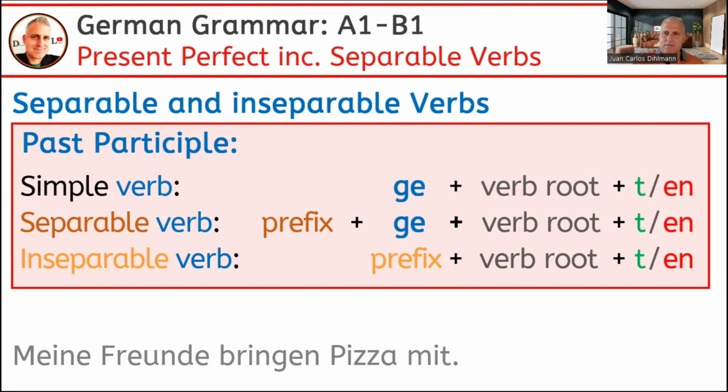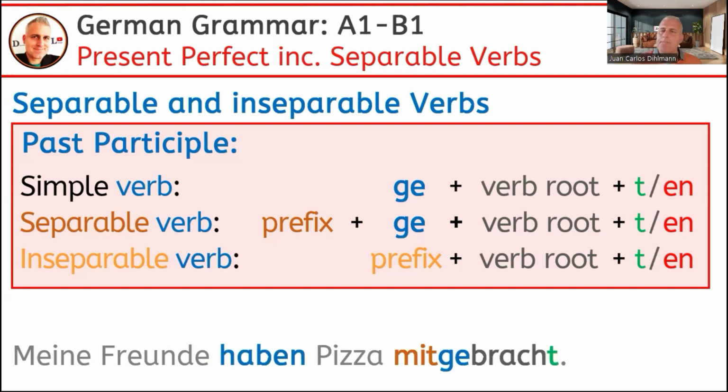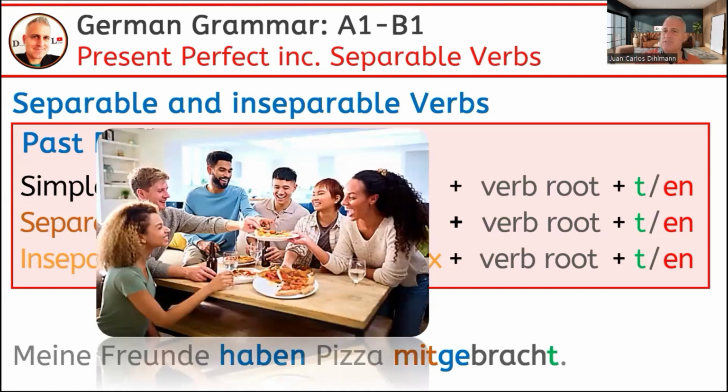What's correct? Meine Freunde haben Pizza mitgebracht. Yeah, it's a separable verb and it's also a mixed verb because we have a regular ending but an irregular verb root. Well, the pizza is a great idea.